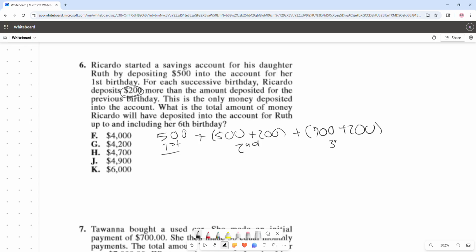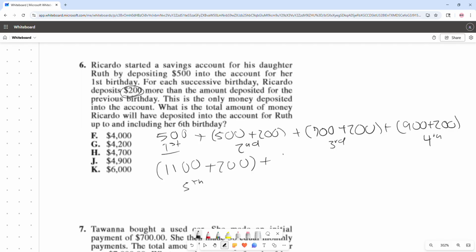Fourth birthday, it would have been 900 plus 200. For fifth birthday, it would have been 1,100 plus 200, and then it counts up to and including the 6th.